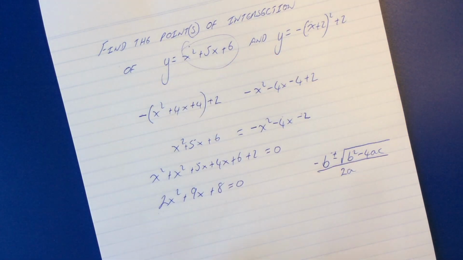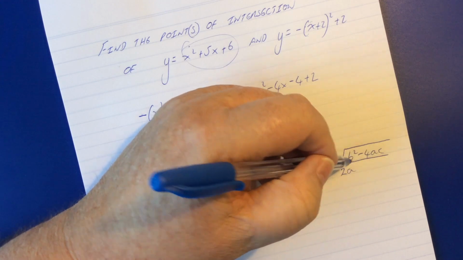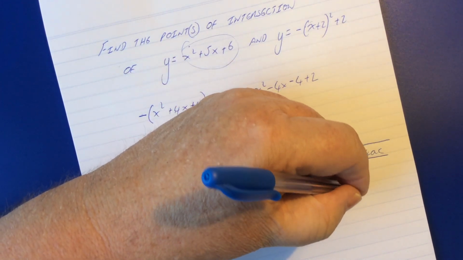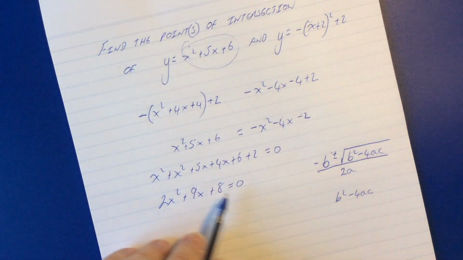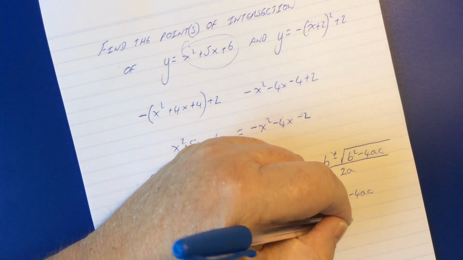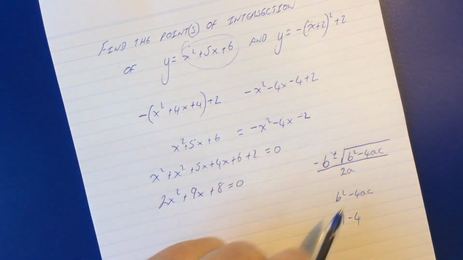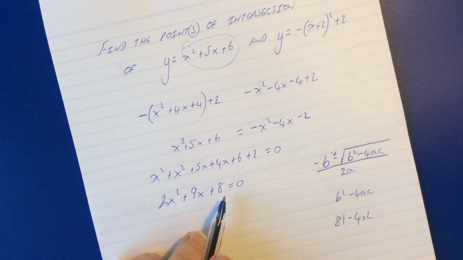That is negative b plus or minus the square root of b squared minus 4ac, all over 2a. Now what I'm going to do is use the discriminant to check that I have two solutions. So that is b squared minus 4ac. And what that is in real terms is b is 9, so that's 81, minus 4 times a, which is 2, times c, which is 8.